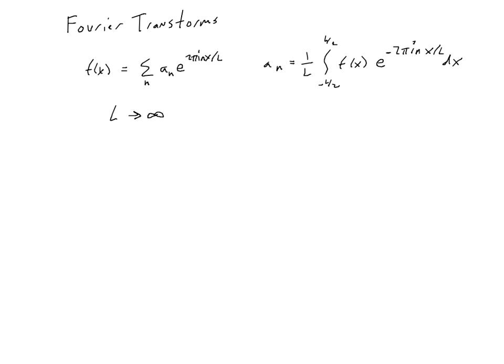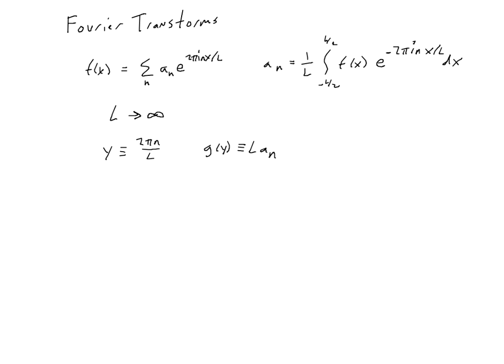When L goes to infinity, you are basically saying that your period could go out to infinity. It may not repeat, okay? Which is kind of weird. You think this is supposed to be periodic, but you're saying that you're periodic over a period of infinity. Then you can define a new variable, y, equal to 2 pi n over L, and g of y, defined as L times a sub n.